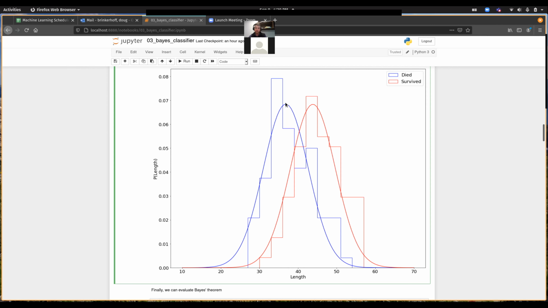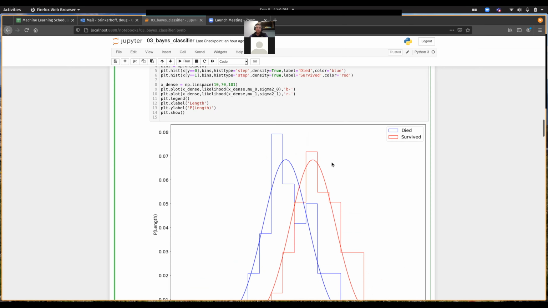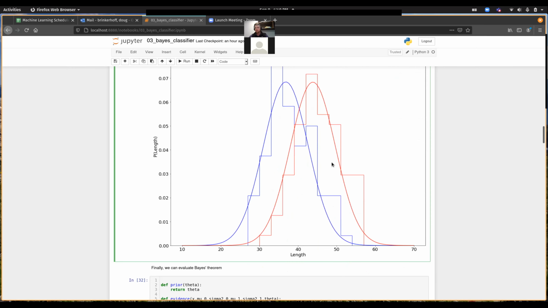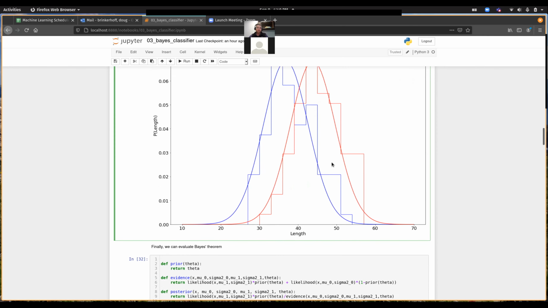So my lobsters that died have a mean length of 37 or so with a standard deviation of 10 or something like that, which translates to a variance of about 100 since it's squared. And similarly for survived, we've got a different mean and a different variance. And so I could draw random samples from this distribution, or I could do whatever with it, but we're going to plug it back into Bayes' theorem to help with this process of classification.